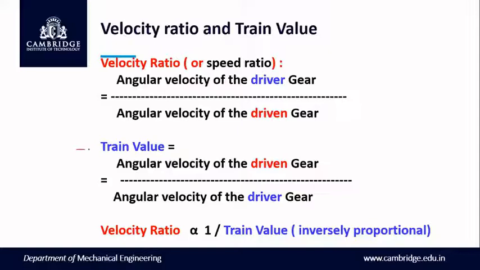Whereas we have another concept, that is train value. The train value is the ratio of the angular velocity of the driven gear to the angular velocity of the driver gear. So if we observe these two relations, we can say that the velocity ratio is inversely proportional to the train value.